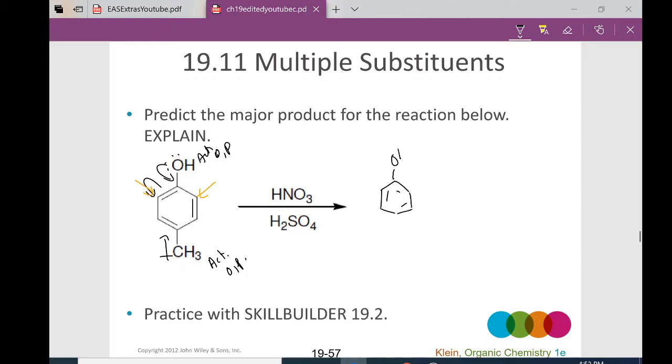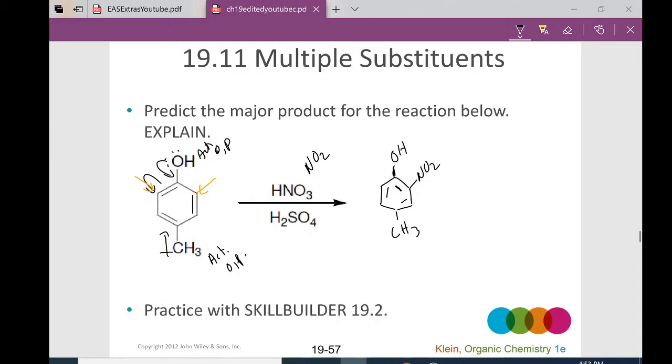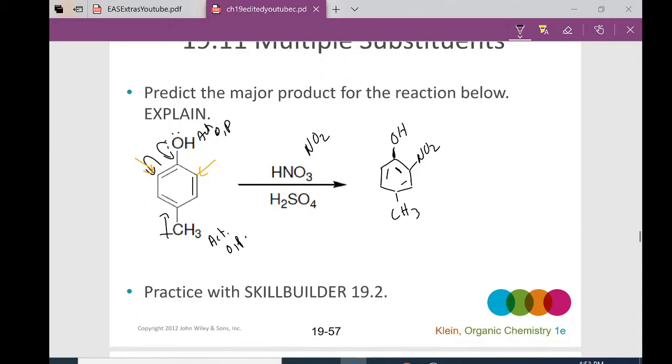So we have OH on the ring, we have methyl on the ring. So what are we adding? This nitric and sulfuric acid adds an NO2 group. And where are we adding it? We're adding it ortho to the OH group. Okay, so that's going to be our major product. Now we could have put it over here on the left side. It wouldn't matter either way.